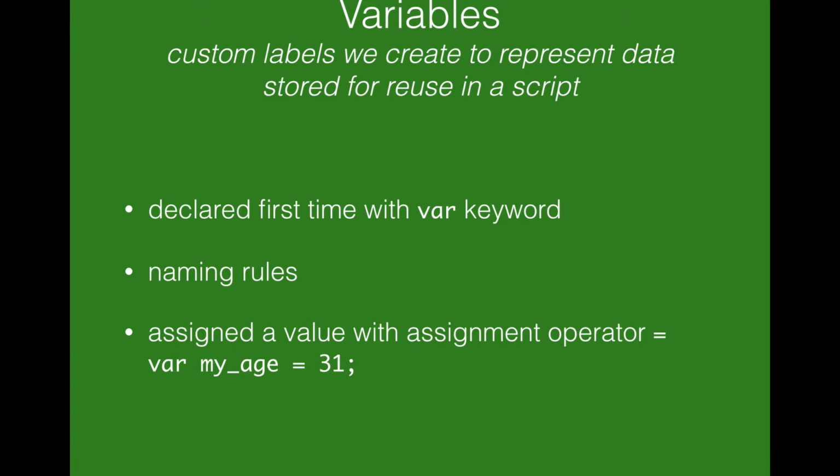So speaking of the var keyword, another construct that we have, or concept to know about in terms of programming, is the concept of variables. These are custom labels that we create in order to label data that we've stored for reuse in a script. So we're going to have numbers that we're going to want to work with, such as calculating tax on an order in a shopping cart.